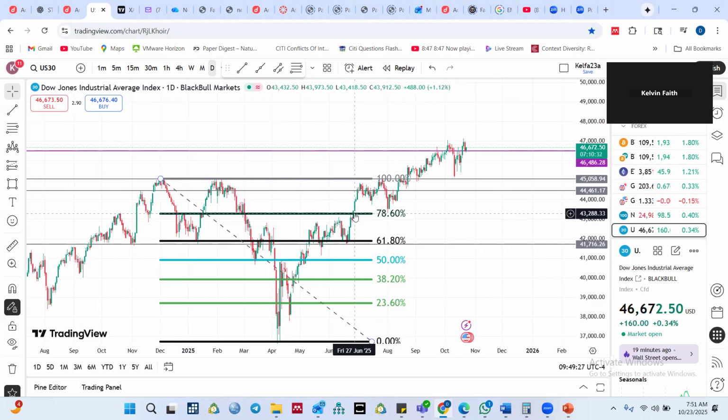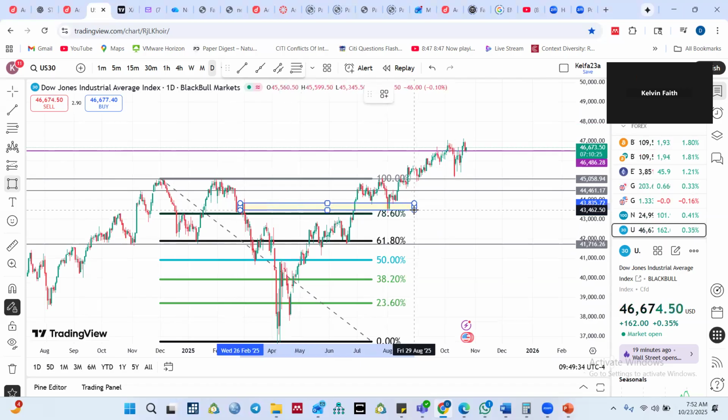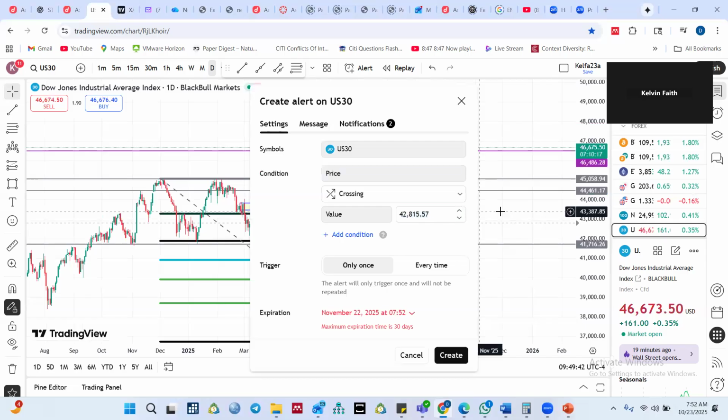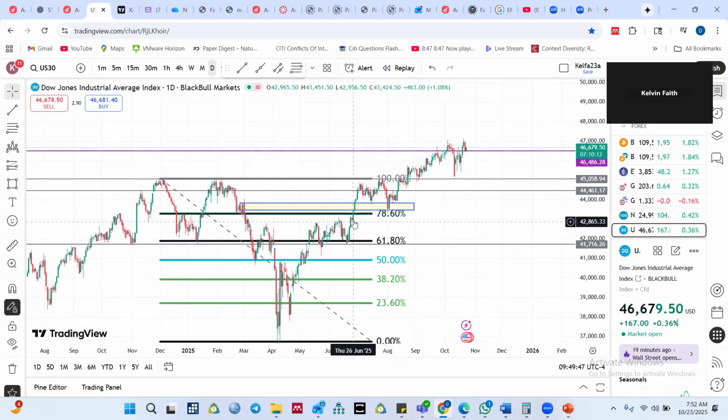When price got to 78.6%, this area, this small resistance area, you can see that we broke through the resistance, got into the 100%, and then we pulled back into the resistance as support, and then we rallied up, making higher highs, lower highs, higher highs, lower highs.